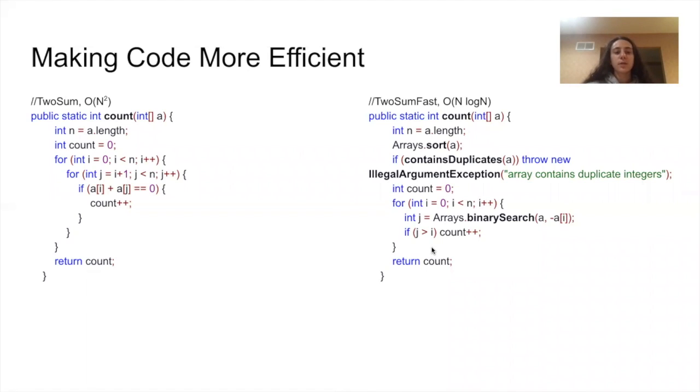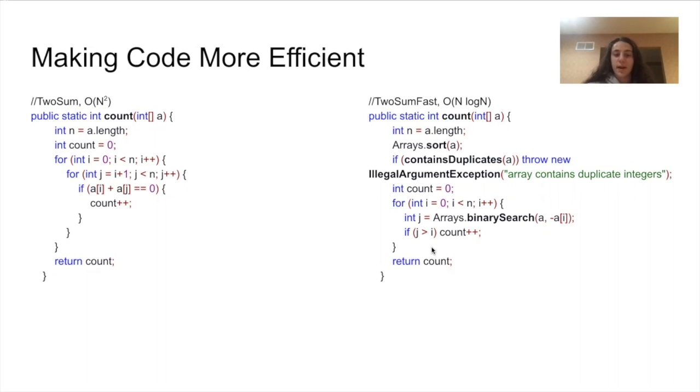You can use order of growth to determine how efficient a code is. In this case, we're looking at two codes called twosum and twosum fast. They do the same thing. They take an array and see how many pairs in that array sum to 0.